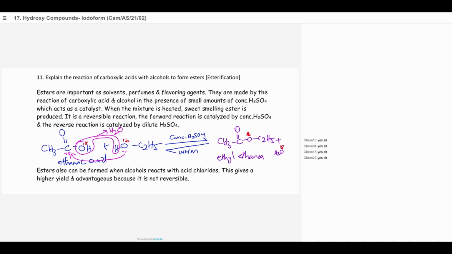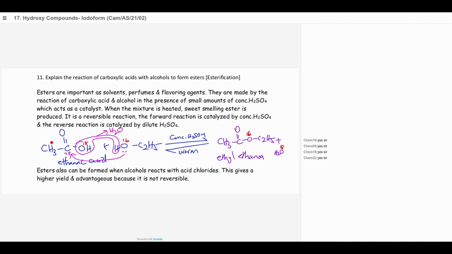So that's how the labeling of the oxygen atoms is important because you need to know which atom gives what, right? Which molecule gives which atom. So the carboxylic acid always gives the OH, and the alcohol gives the hydrogen, right? Clear? This is the ester reaction.